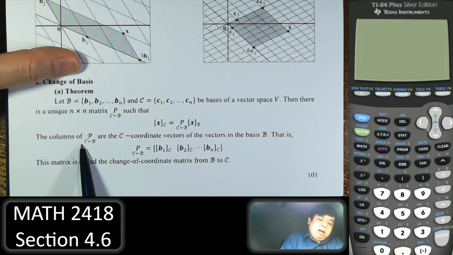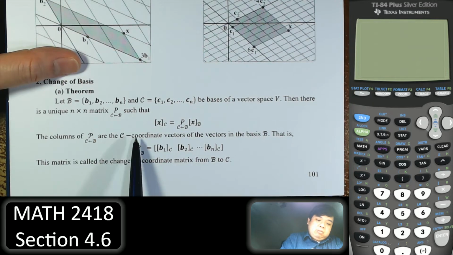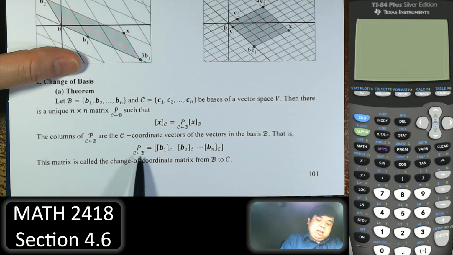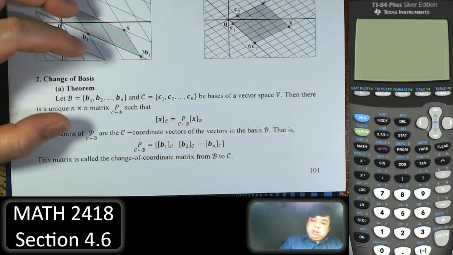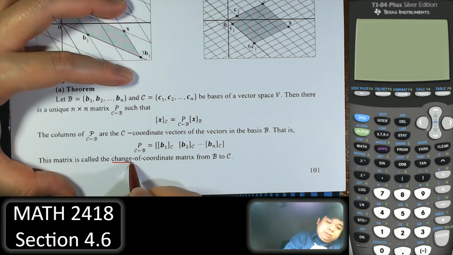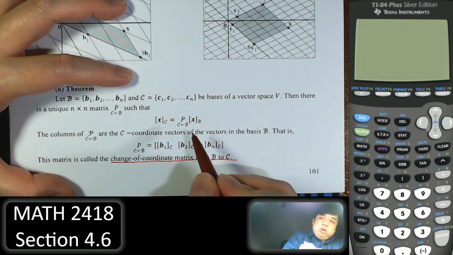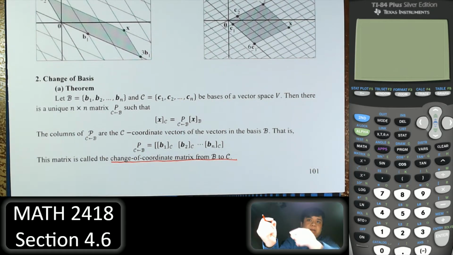The columns of this matrix are the C coordinate vectors of the vectors in the basis B, and that is how we're going to write it. The matrix is called the change of coordinate matrix from B to C. Remember, from B to C, but we run backward, B on the right and then C on the left.